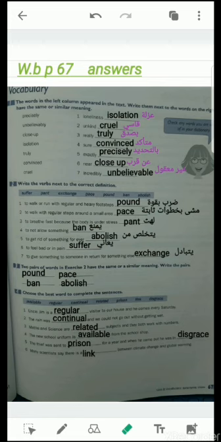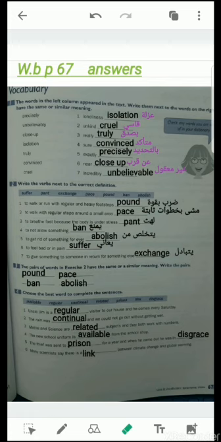Number 1, to walk or run with regular and heavy footsteps, meaning to hit the ground hard. It was described in the movement of the tiger as a sign of stress. So we have pound. If you refer to the text, you will find this in this sentence, okay?